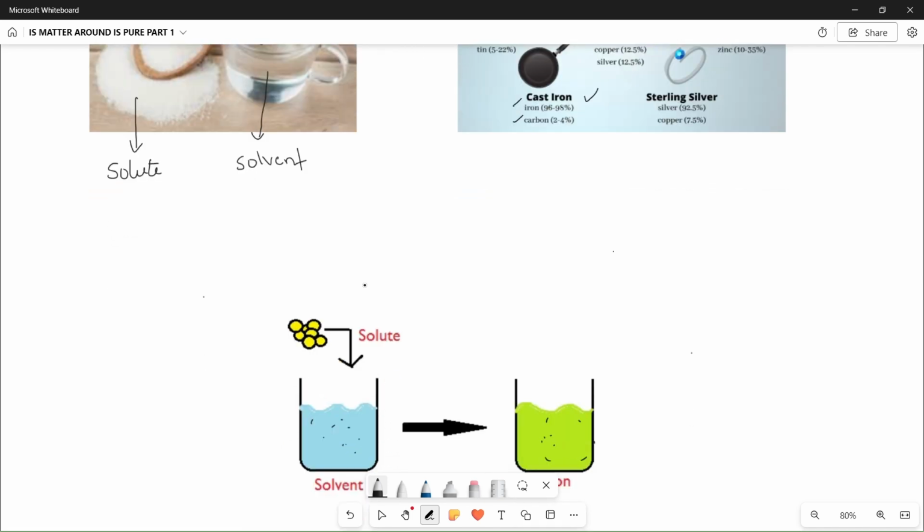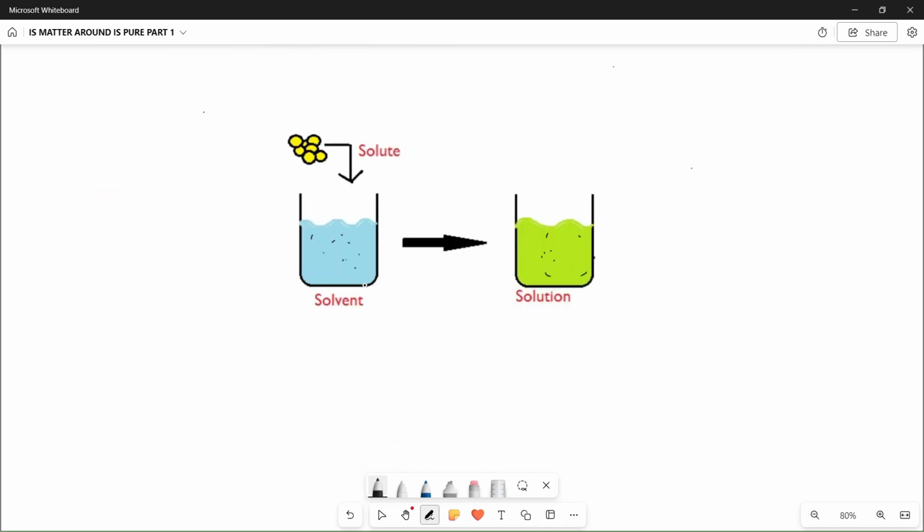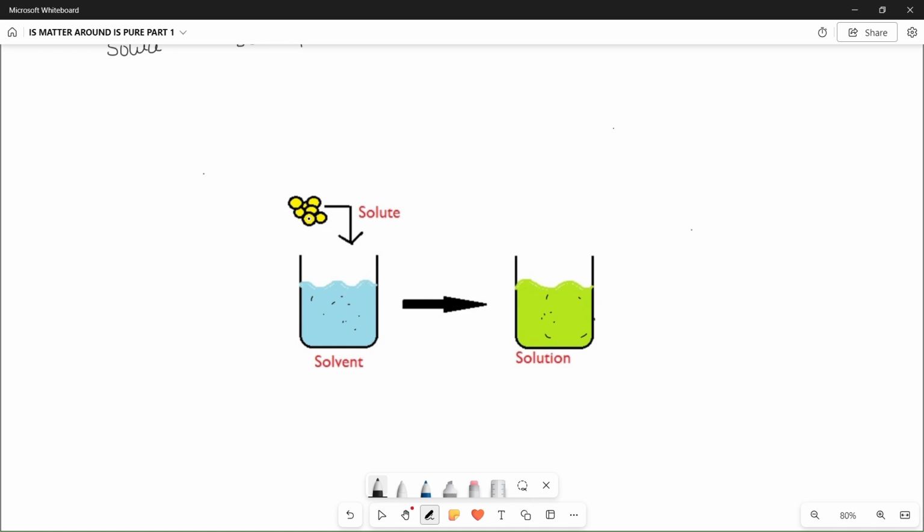These three points you have to remember always. Coming to the details, the solute may not be liquid all the time. It can be a liquid, a solid or a gas.